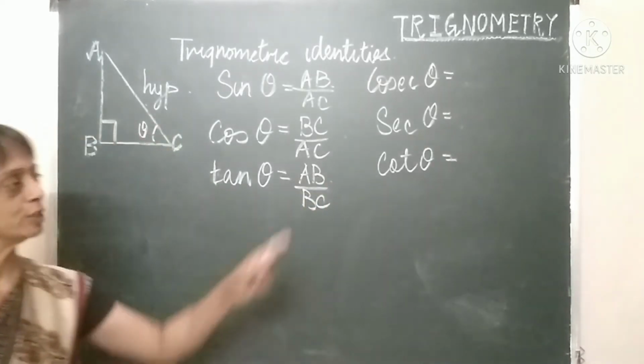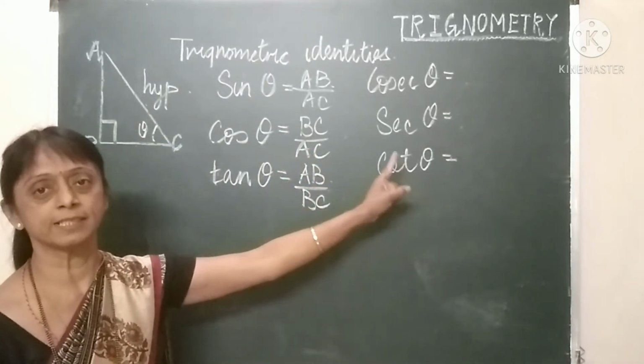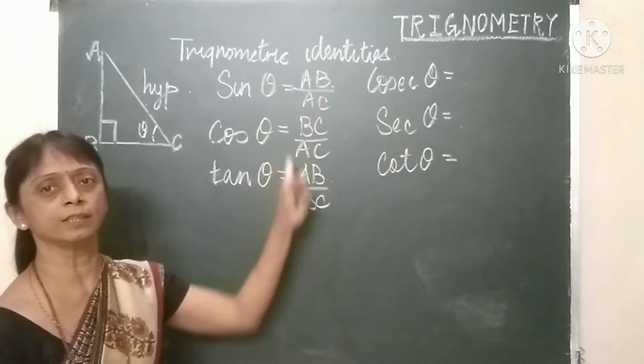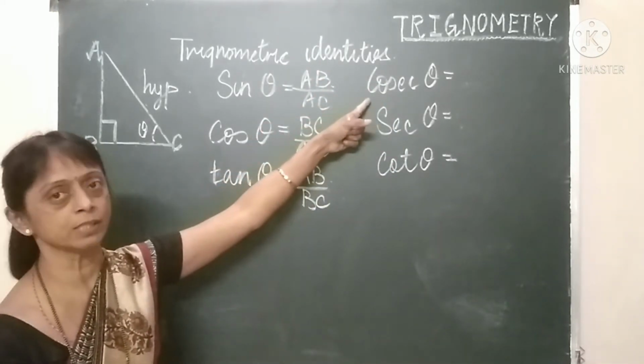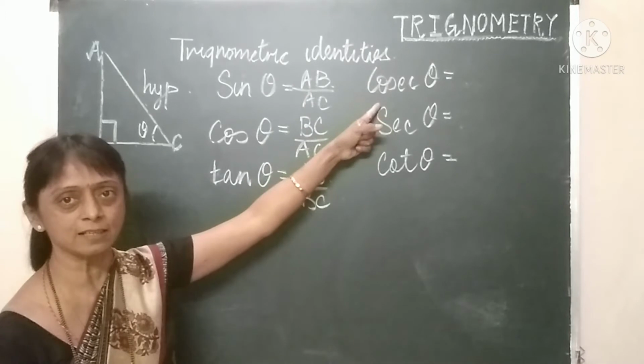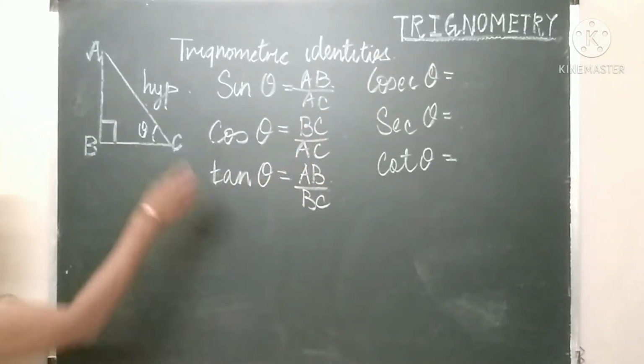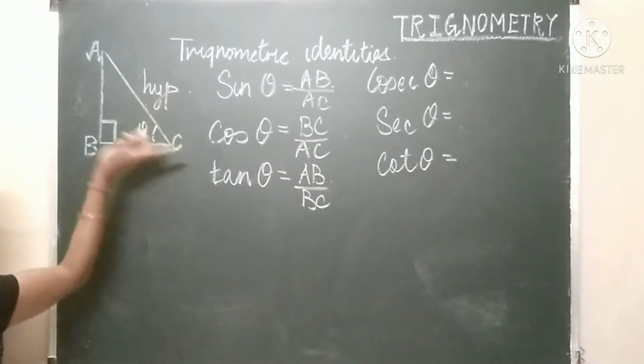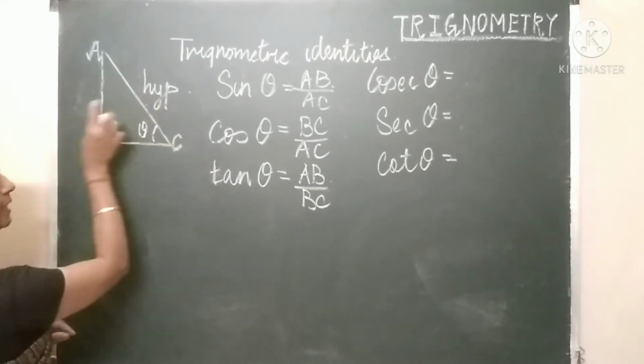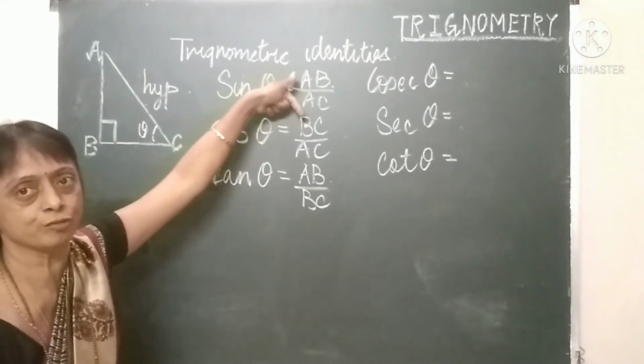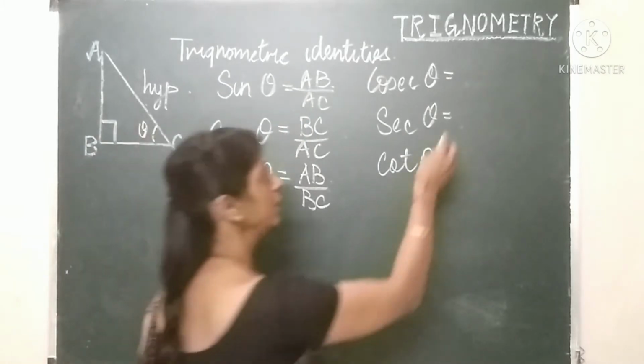Let's move on to write the reciprocals, the multiplicative inverses of all the three. The multiplicative inverse of sine theta was cosec theta, which gives us by the formula hypotenuse upon opposite side. So AC upon AB, just its reciprocal.